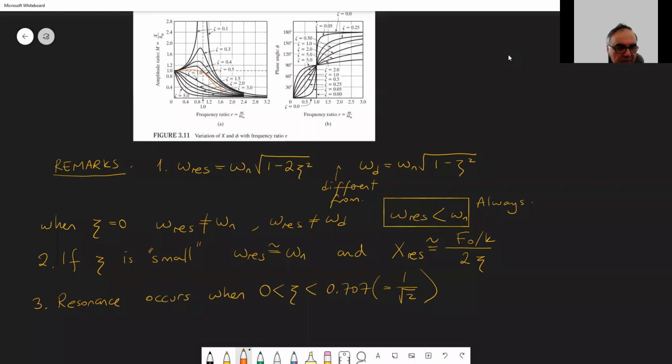This is what you have if damping is 0.707. This is what I have drawn here. So there is no peak and there is no resonance, as you see. So at and above that, there is no peak in the response, and the response is smoother, in terms of frequency response, by the way.